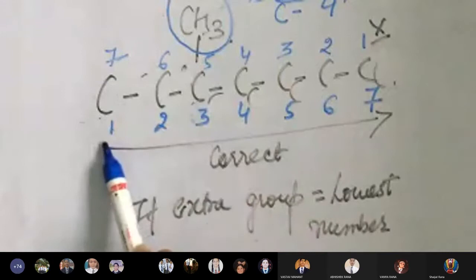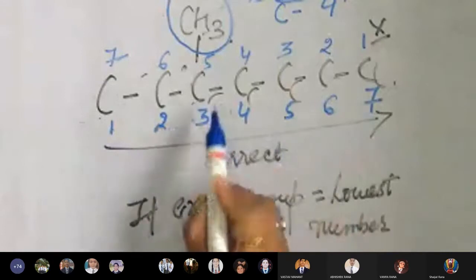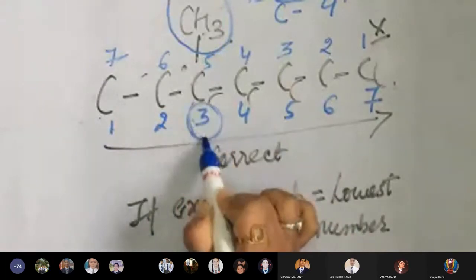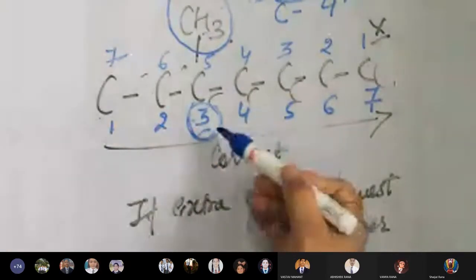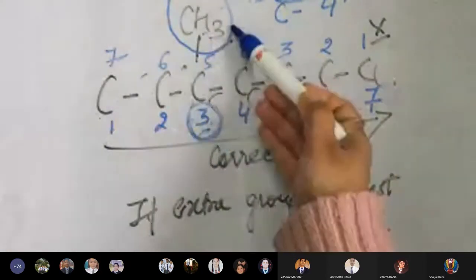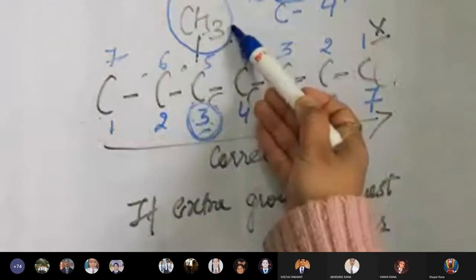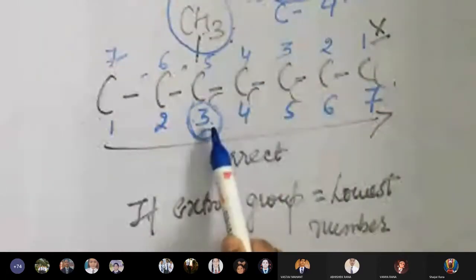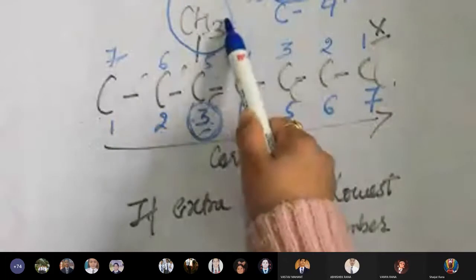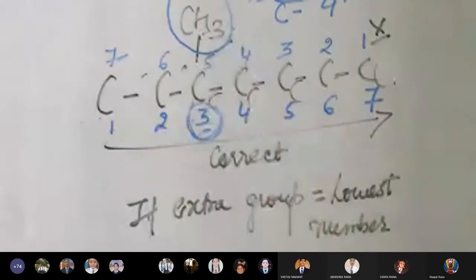Right? If I'm moving from 1 to 7, the carbon which has the extra group is carbon number 3. I'll repeat this: from left to right, when I do the numbering, carbon number 3 has the extra group.